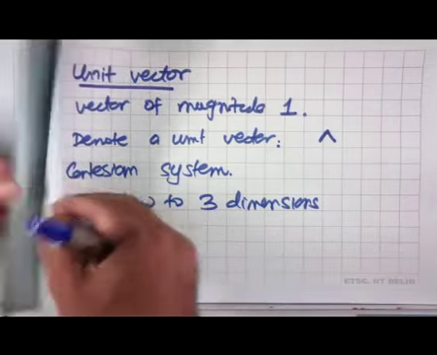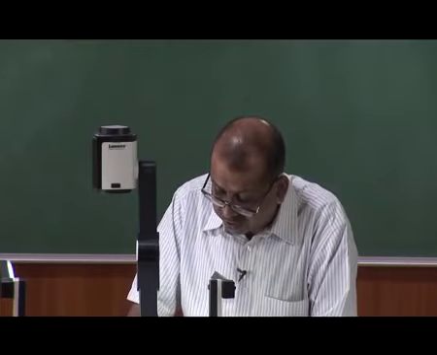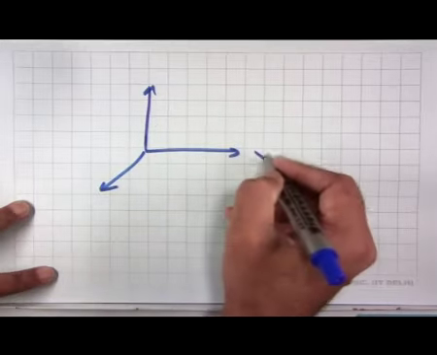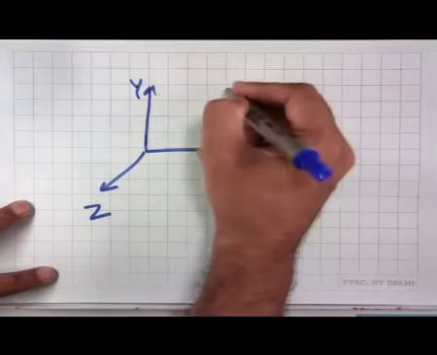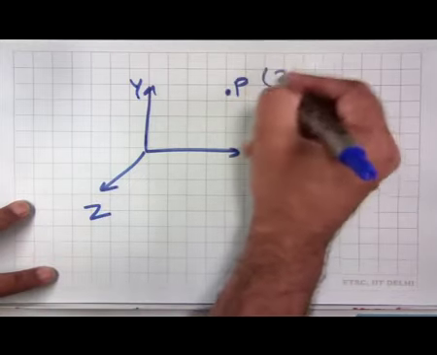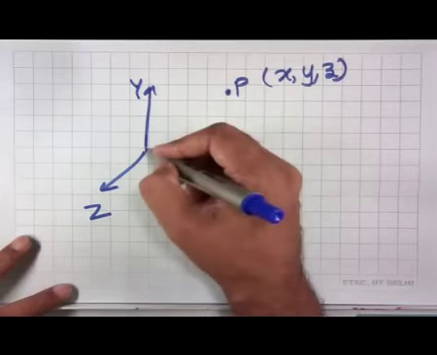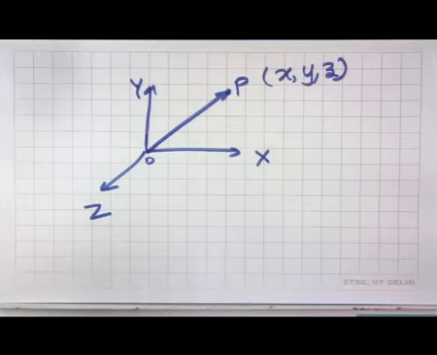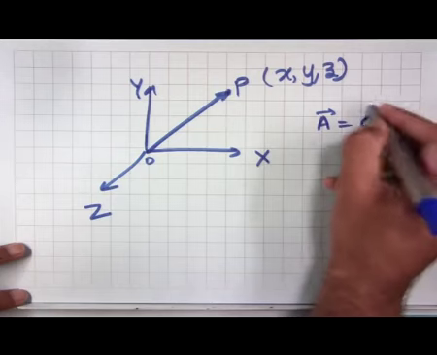So, let us denote a vector A along its 3 dimensions. So, we have, for example, the x axis, the y axis and the z axis. There is a general point P whose coordinates are x, y, z, and if we take the vector from O to P, let us say this is vector A equal to OP.